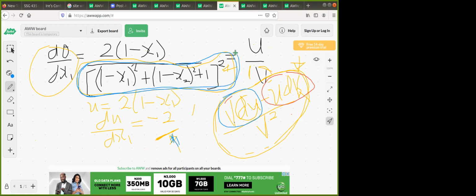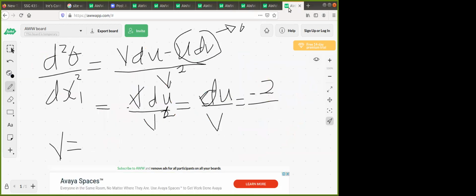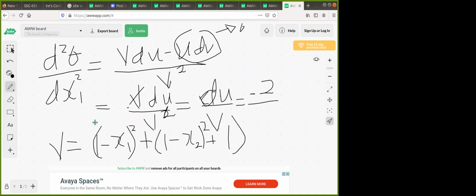So now, let's just write it out again so that we don't skip too many steps. Squared minus plus squared, then plus 1. Now remember, it is all squared. This is our v.